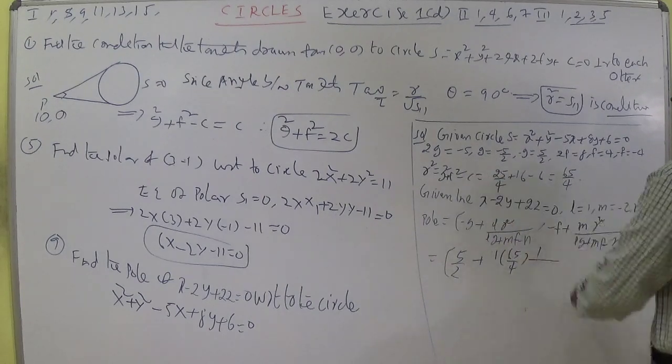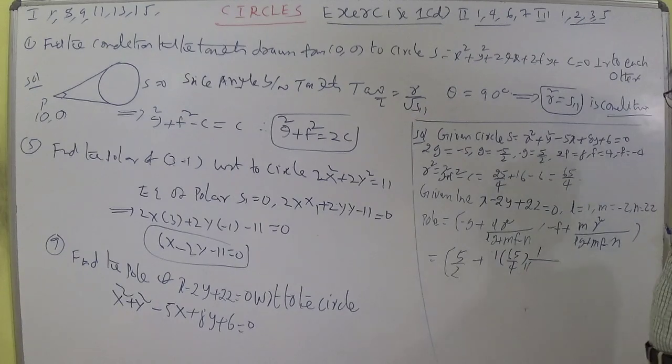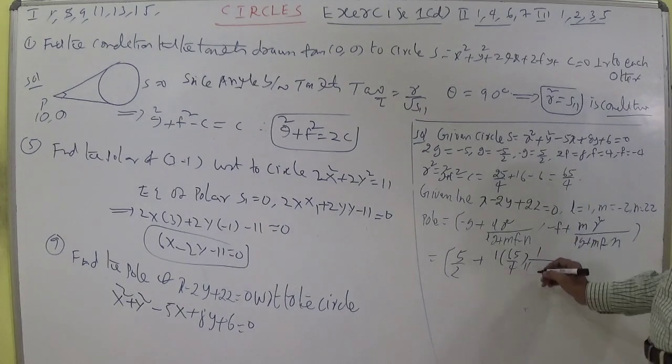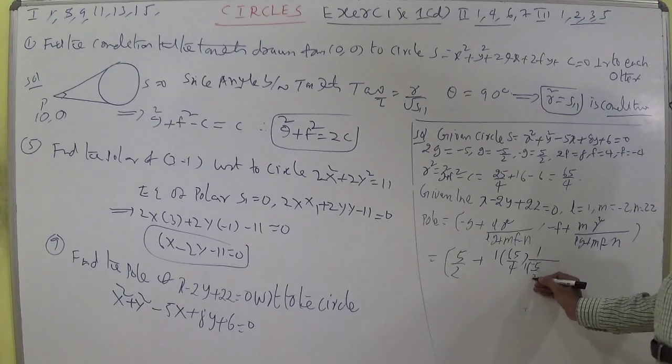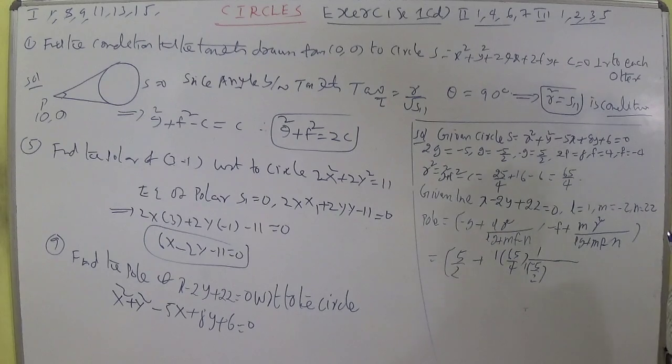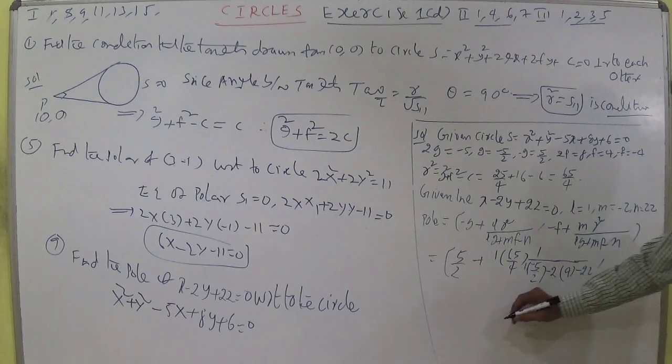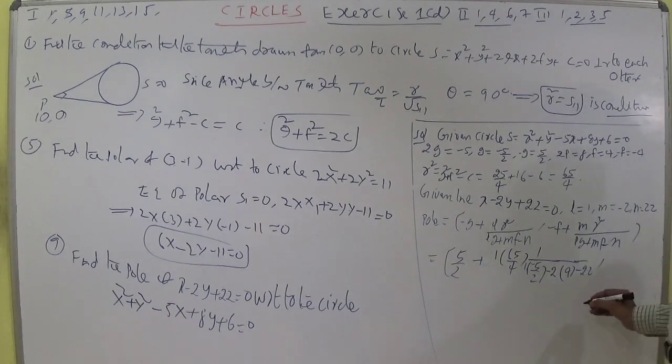L is 1 into g, which is -5/2, plus Mf, M means -2 into f, the f value 4, minus n, the n value is 22. Comma, -f, the value -f means -4.